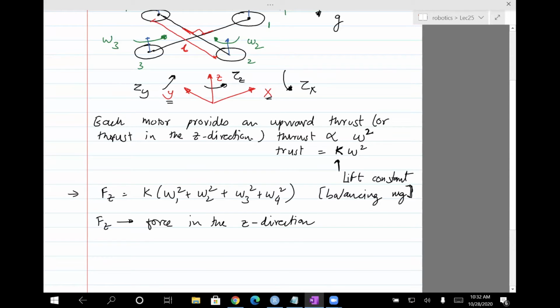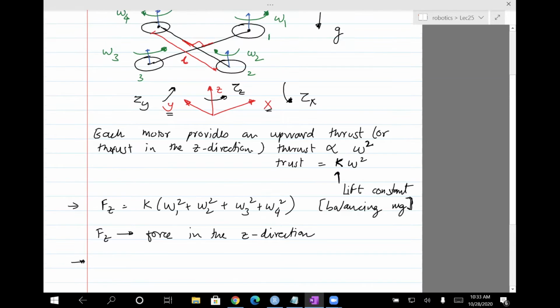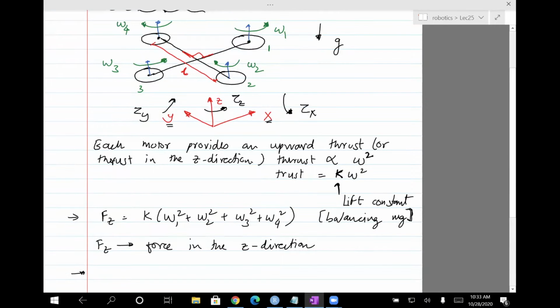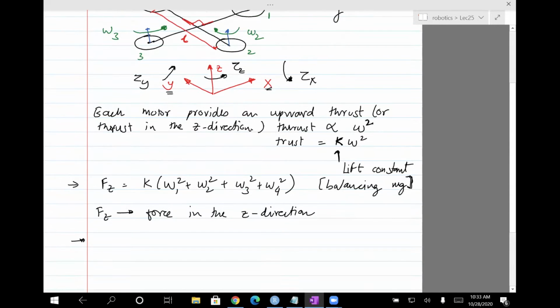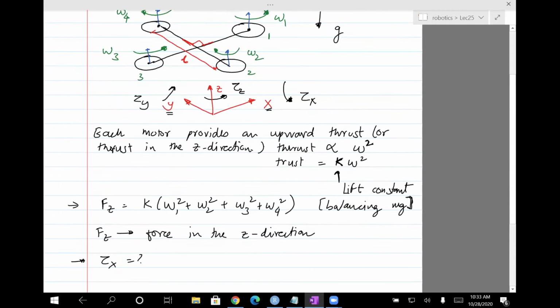These rotations come because these motors can be spun in the way you want. So here's how these torques appear. Let's try to see how tau x comes. Tau x, as I said, is the rotation about the x-axis.